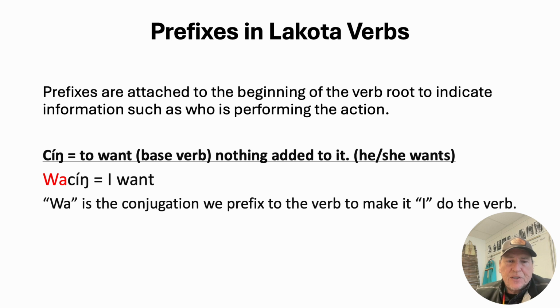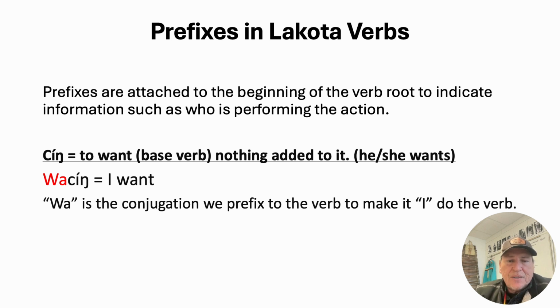The prefixes are attached to the beginning of the verb root to indicate information such as who is performing the action. In this example, we're using the verb chi, to want something. That is our base verb. If you look up in any dictionary how to say want, it's going to say chi. That's our base verb. There's no conjugations attached to it.